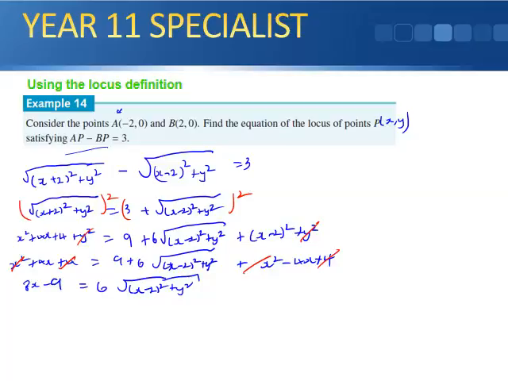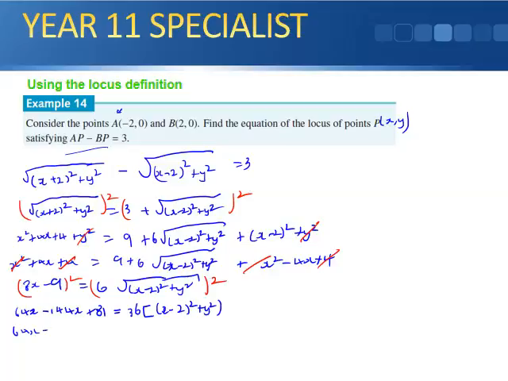Okay, square all this. And I get 64x minus 144x plus 81 equals 36 times x minus 2 all squared plus y squared.